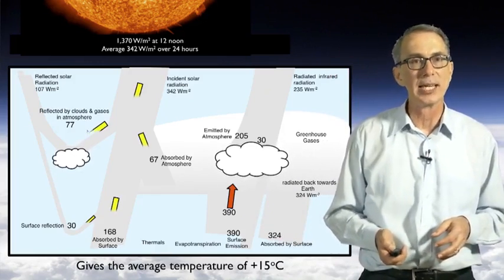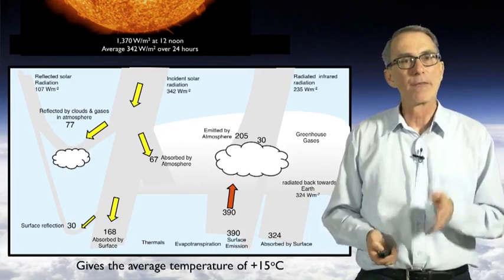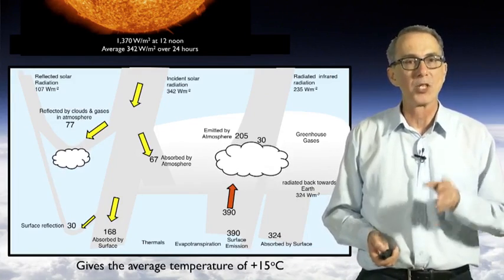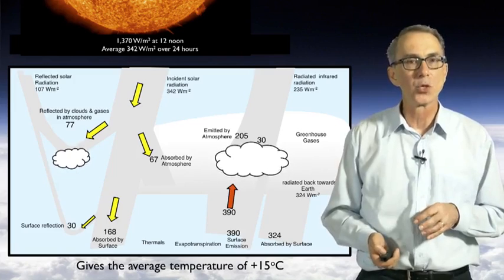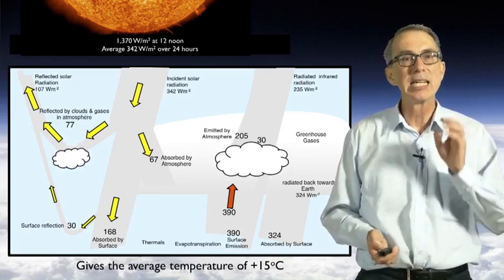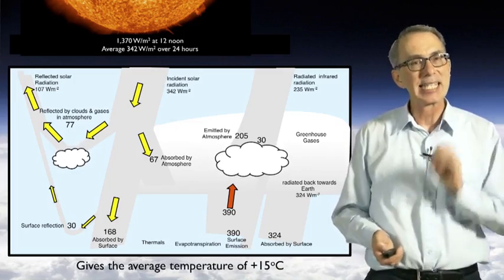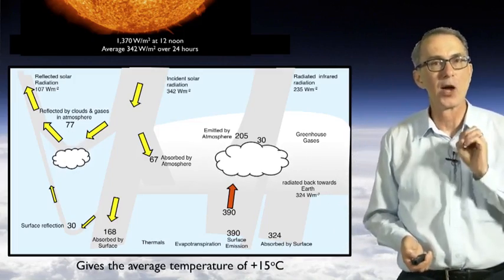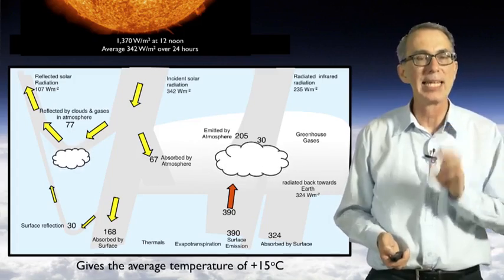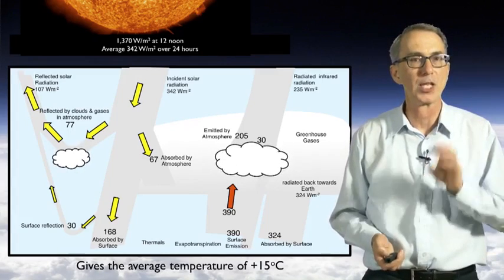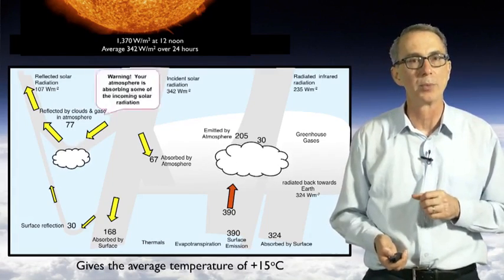Well, the first thing is that sunlight from the sun warms up the system. Not all of it is absorbed. Some of it is reflected by the surface of the Earth. So 70% of the sunlight coming in from the sun is absorbed.